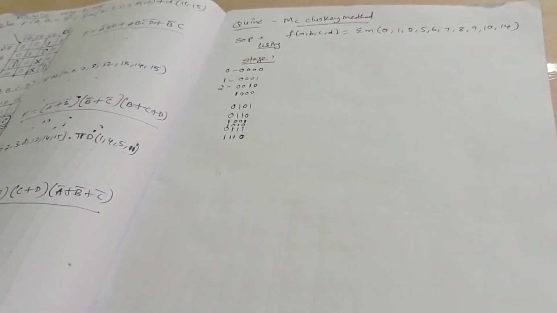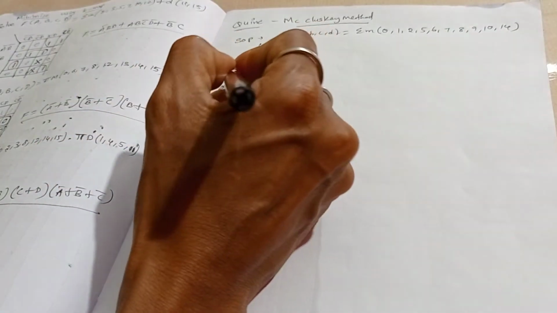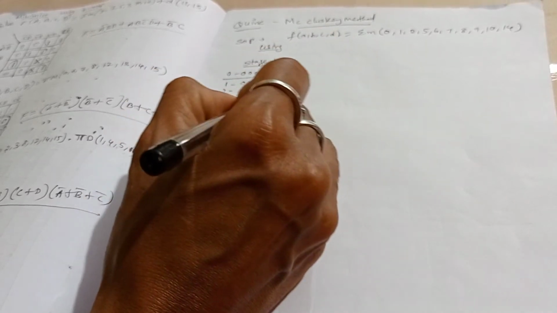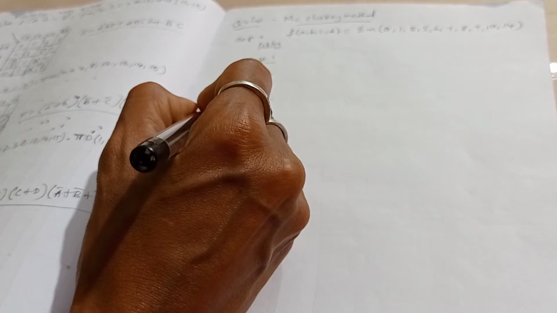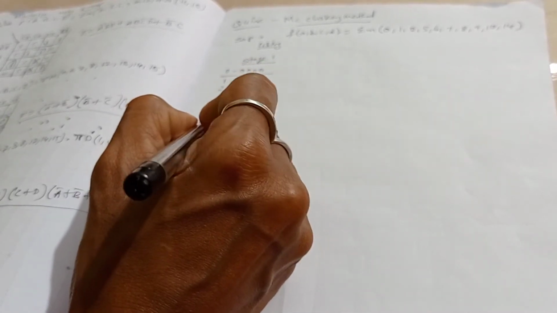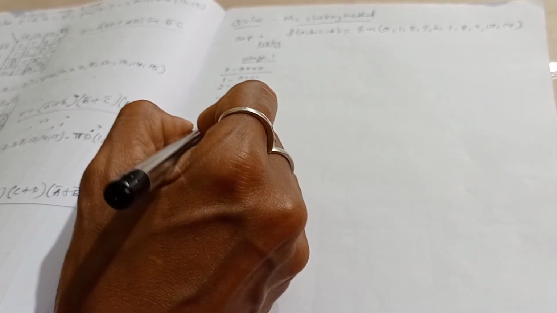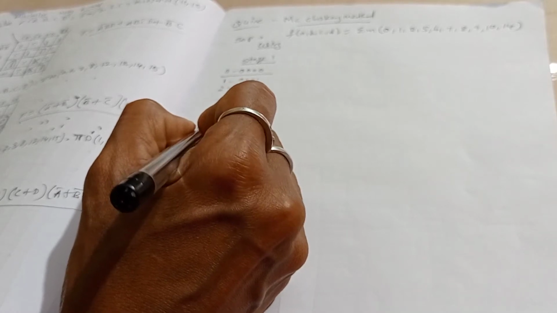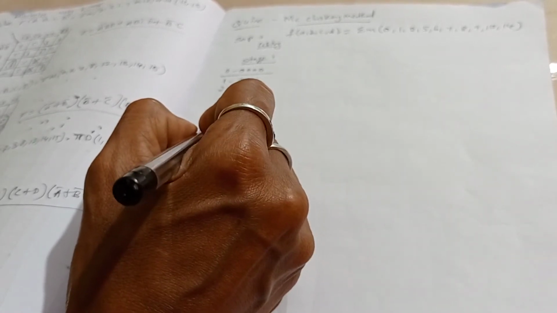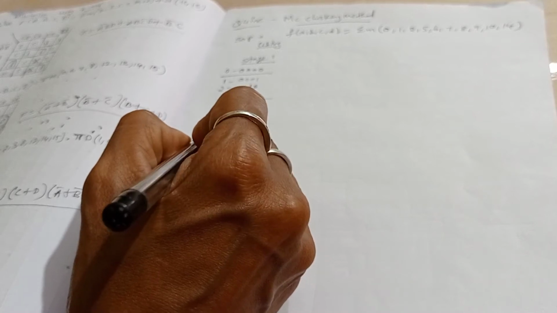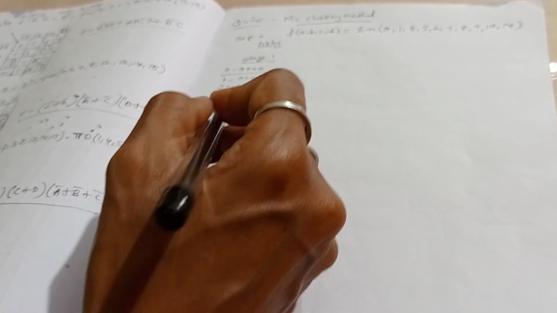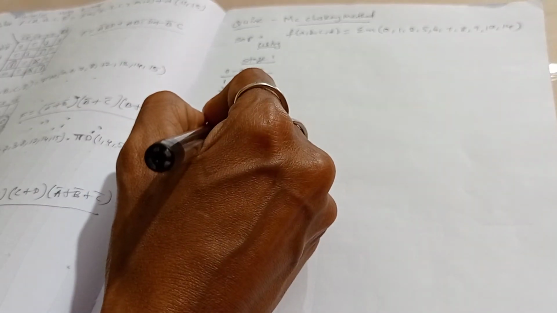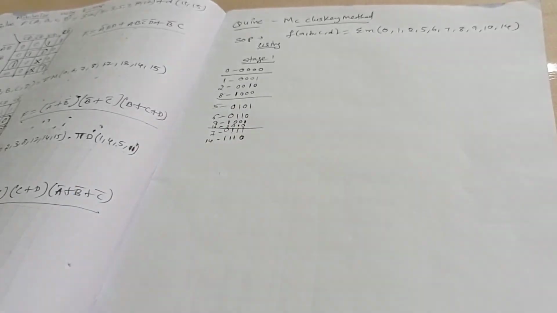Now while writing the minterms, I have grouped 8 as this, 5, 6, 9, 10, 7, 14, and this is 8. These are all the minterms with grouping.